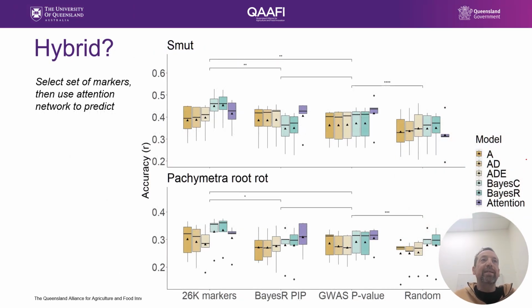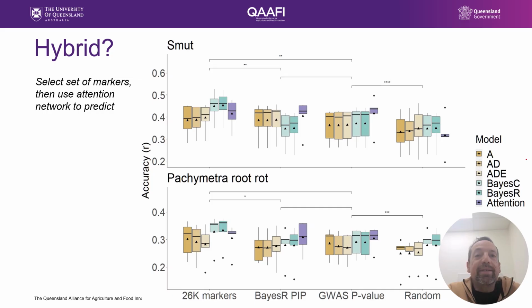One idea is to start to combine the best features of the different methods. So Chensong looked at this in a very simple approach to hybridizing the methods, and he used methods like Bayes-R to identify a subset of SNPs that should go into the attention network prediction method.